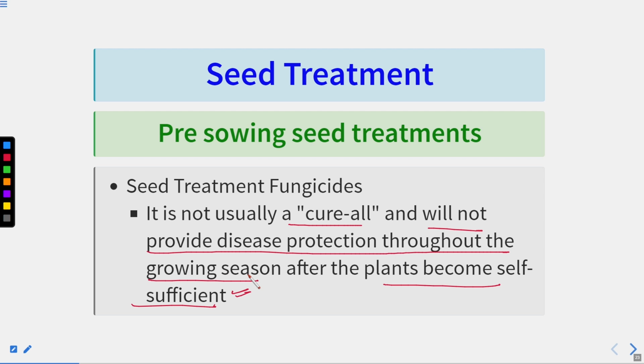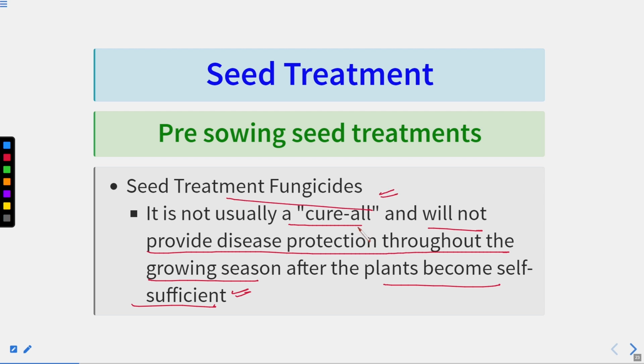After this vegetative growth there is a reproductive phase, and that will also be affected. To stop that, the plant should be healthy. And how do they become healthy at this initial stage? If we use these fungicides, right?